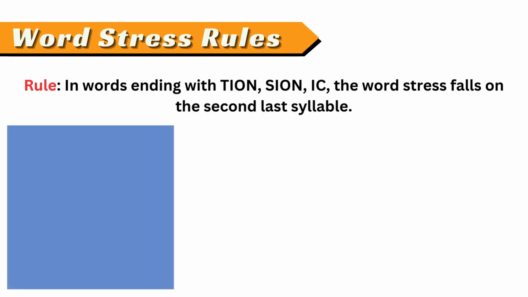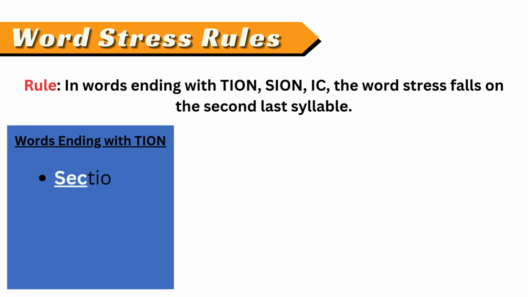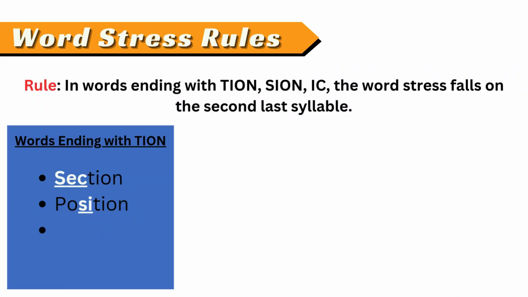For example, you can see the words ending with tion, section. So the second last syllable here is sec. When it comes to position, the second last syllable is si, that is c, position. Questions, digestion.